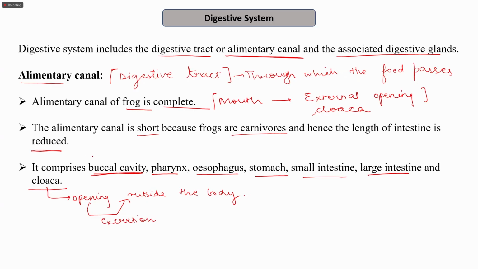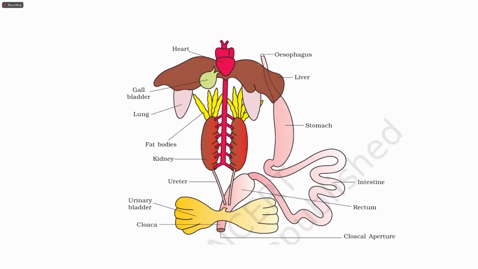that is eliminating the waste outside the body. So, it starts from the buccal cavity, then we have pharynx, esophagus, stomach, small intestine, large intestine, and cloaca. The buccal cavity is not shown in this figure. Then we have the esophagus, which is a tube-like structure through which the food passes and enters the stomach, where the food is digested.